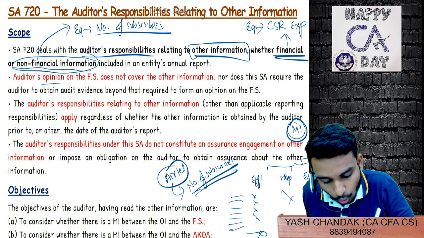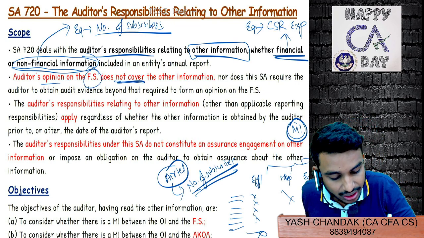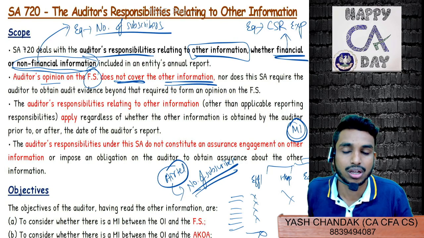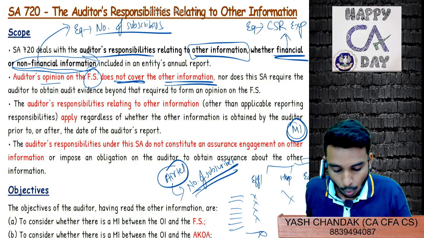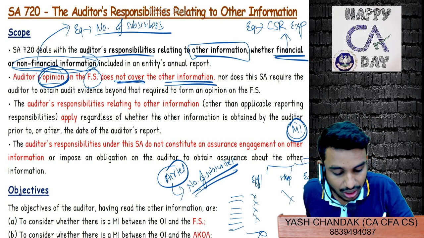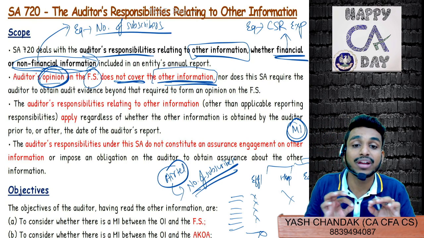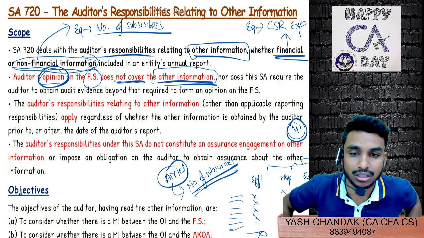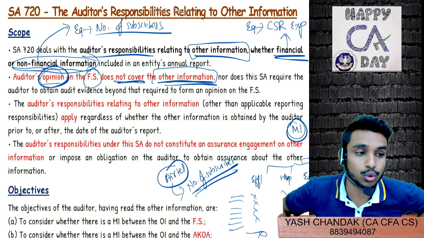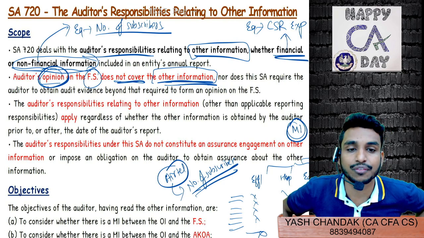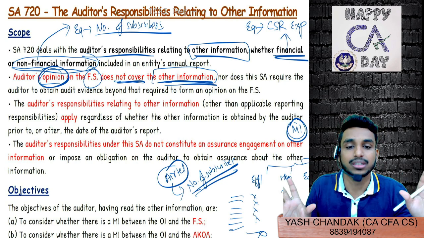Now the auditor's opinion on the financial statement does not cover the other information. That means what? I told you, you don't have to audit other information. You don't have to express your opinion on other information. You just have to tally. That's it.